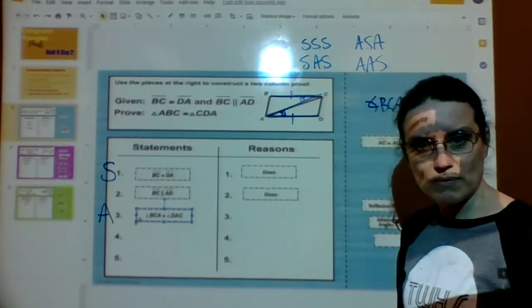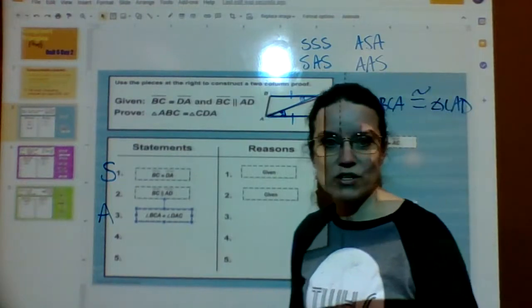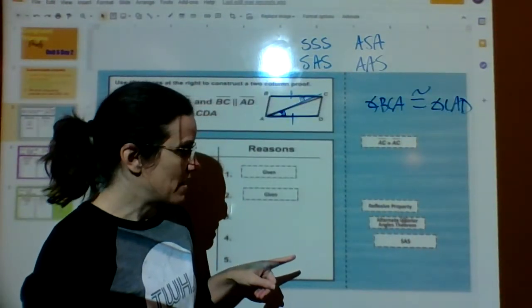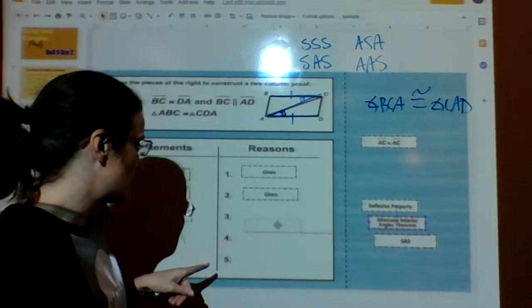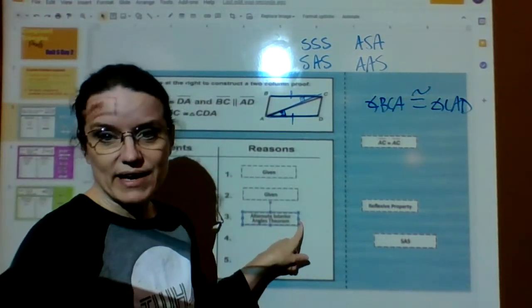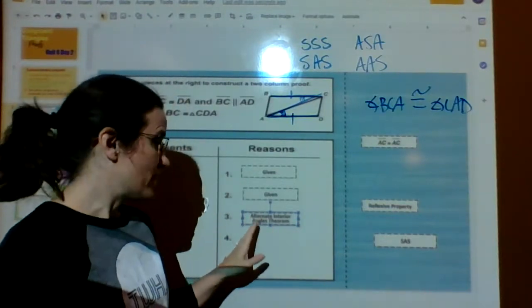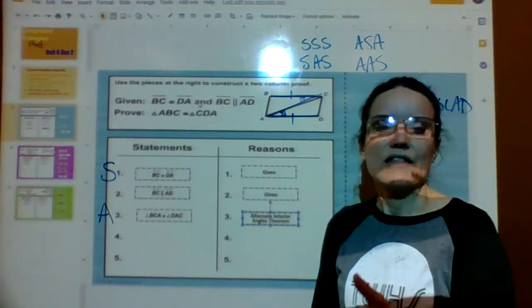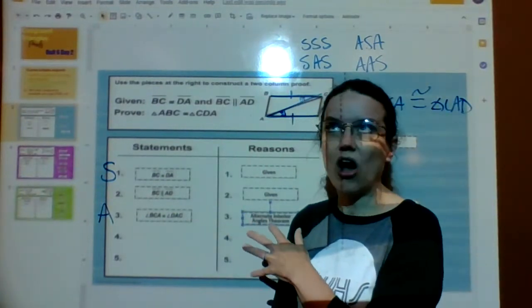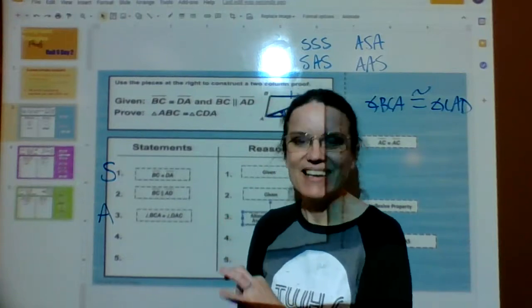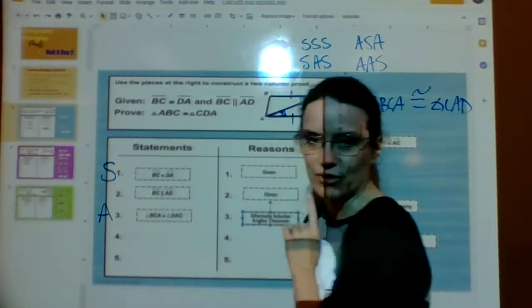You think back to what we said, and oh, I said that worked because those were alternate interior angles. And so that was my alternate interior angles theorem. Or you might just write alternate interior angles are congruent, or something that explains that you had alternate interior angles being congruent so that you could say that those angles were congruent there.